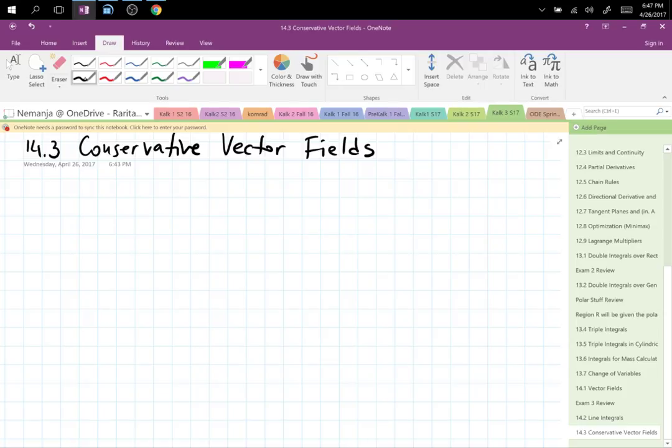Conservative vector fields. So we start with the definition of the conservative vector field.